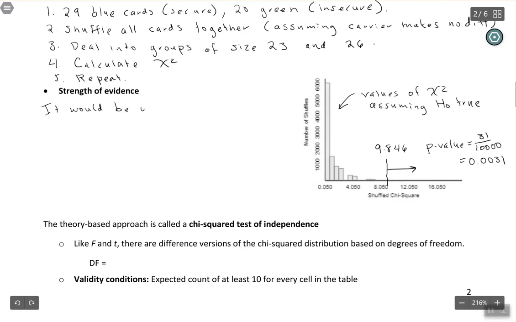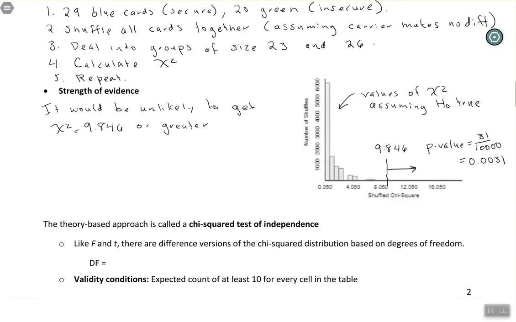It would be unlikely to get our chi-square statistic, chi-square equals 9.846 or greater. It would be unlikely to get that chi-square statistic or greater, assuming that the null were true.